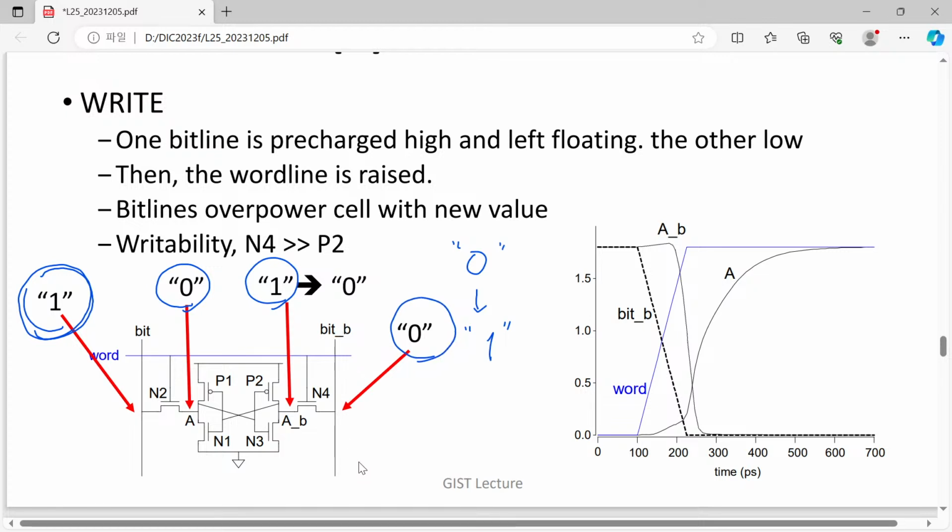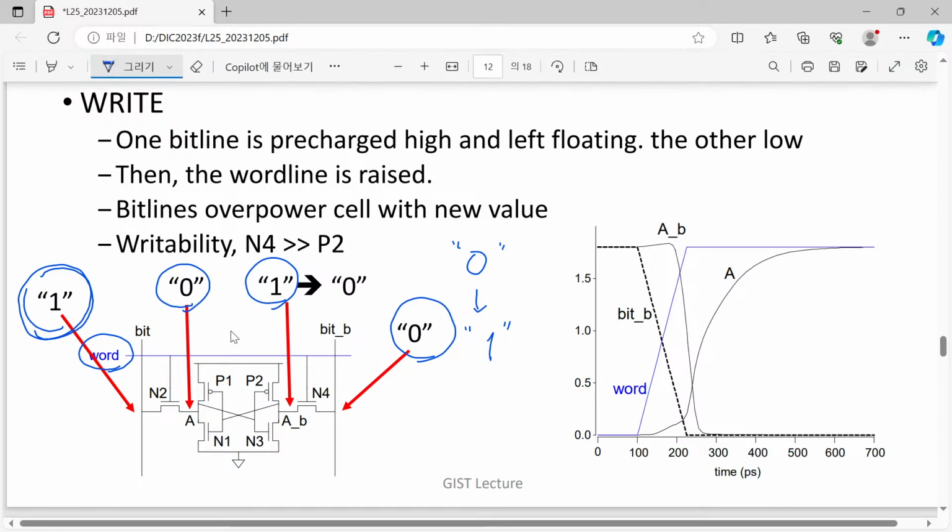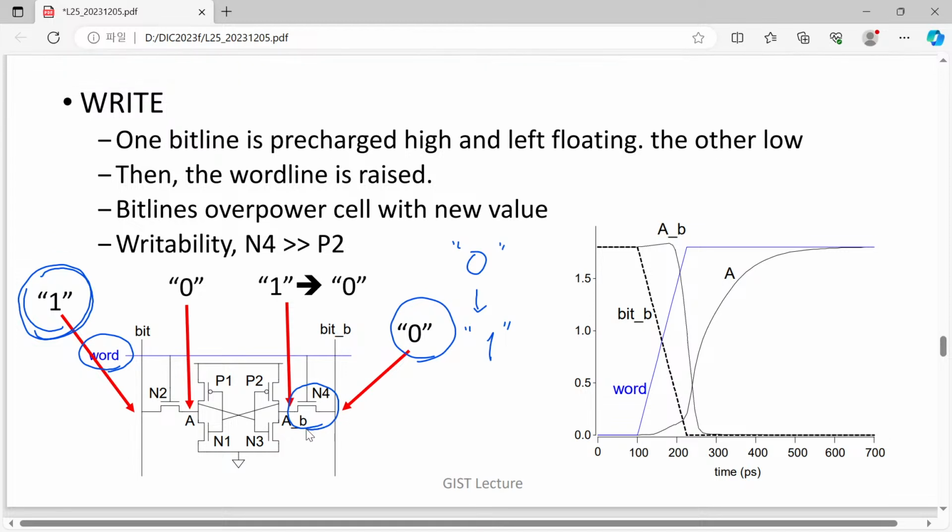Quite similarly, the selected word line is raised. Then what will happen in this case? The write operation happens not through N2 and N1, but is given by this path. Now the bit line bar is kept as 0 and the word line is asserted, so our N2 device is turned on.